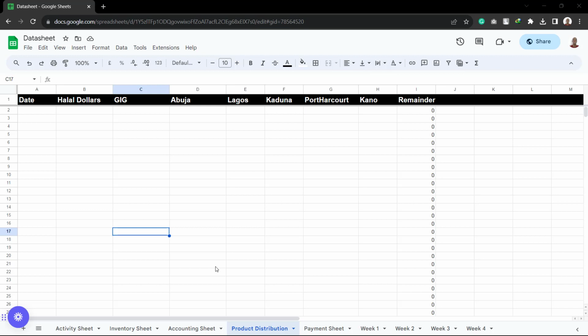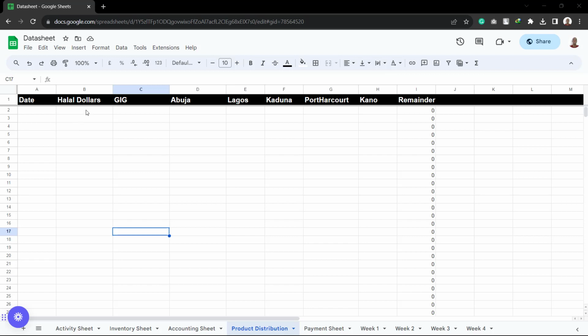For the product distribution sheet, the essence of it is for us to know what product is where at every point in time. So this sheet gives us the full information of where our products are. The sheet has the date, which is the date that the recording is taking place.